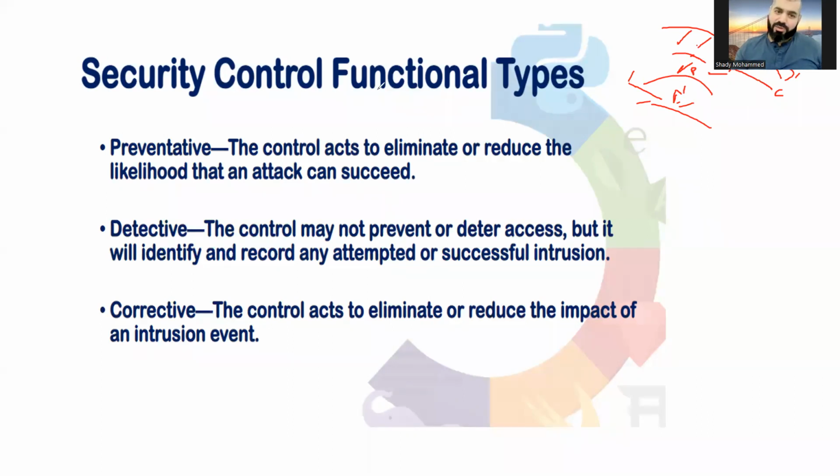So what we are covering today, which is specifically about threats, detections, and incidents, falls into the detective area. A detective control may not prevent or deter access, but it will identify and record any attempted or successful intrusions.